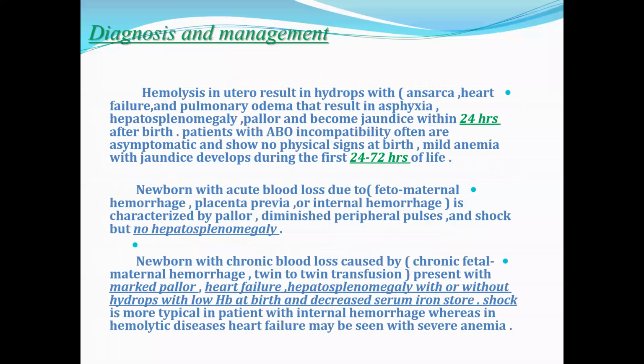Of course, this presentation is in severe hemolysis in RH incompatibility, while patients with ABO incompatibility often are asymptomatic and show no physical sign at birth. Mild anemia and jaundice develop during the first 24 hours up to 72 hours of life.